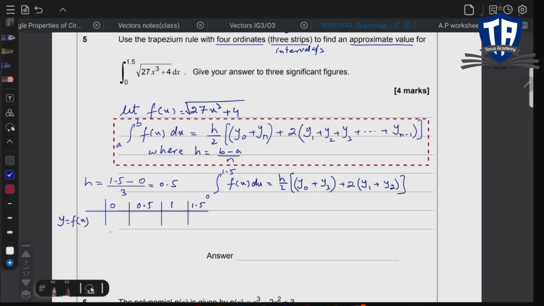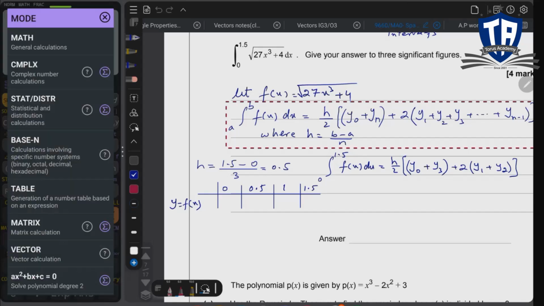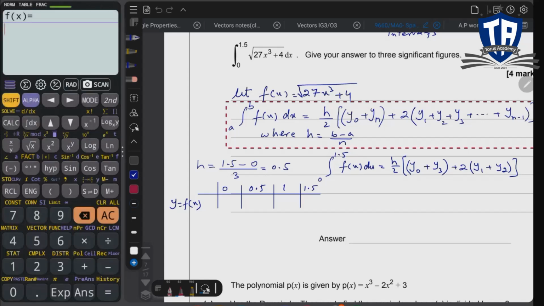One of the ways is to get all the values. If you select the mode of your calculator and then go on table, here you write the function. Function is the square root of 27x cube plus 4. How do you write x in this table? See on your calculator, you have a button written alpha. This button is beside the shift button.